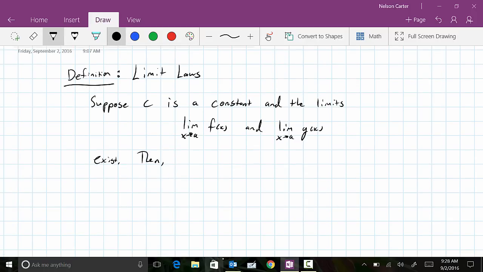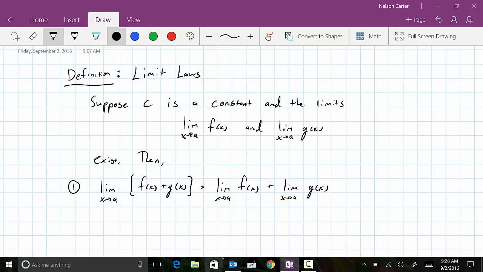Then it says, the first law that we have is the sum law, and it says that the limit as x approaches a of f of x plus g of x is equal to the limit as x approaches a of f of x plus the limit as x approaches a of g of x.